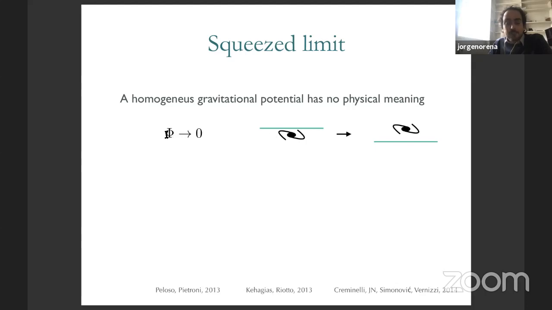So if I approximate this long wavelength mode as a constant, because it's very long wavelength, then basically it should have no physical effect. For example, if I have a very nonlinear object like a galaxy, which is super complicated, and I rescale the Newtonian potential, nothing should happen to this galaxy.